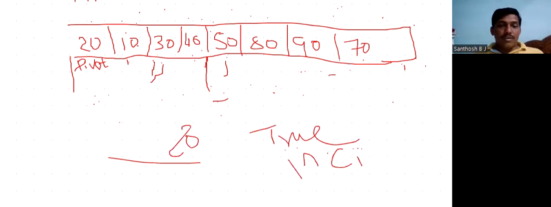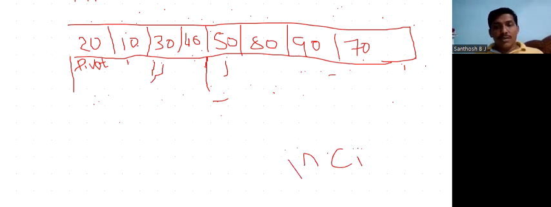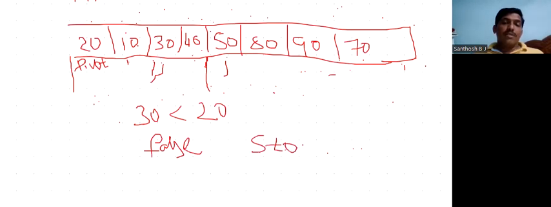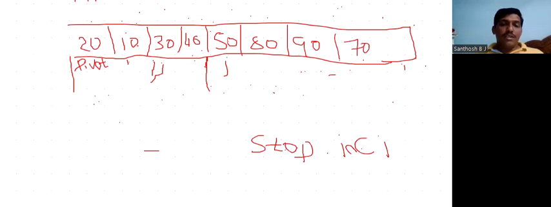Now I'll go a little bit faster, because you already know all this. Same condition. Once again compare: A of I is less than the pivot value. Now A of I is 30, the pivot value is 20. 30 is less than 20? The condition is false. If the condition is false, stop incrementing I. Now move on to the j condition.